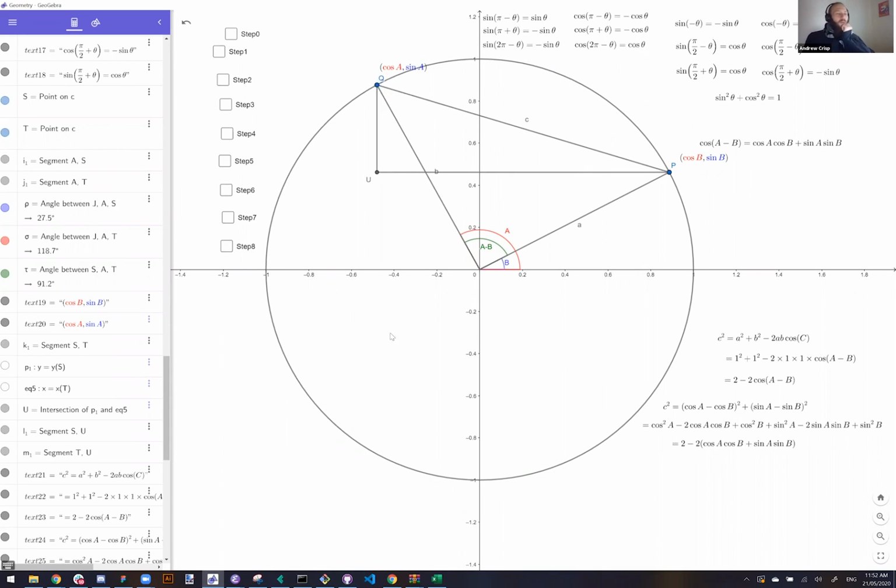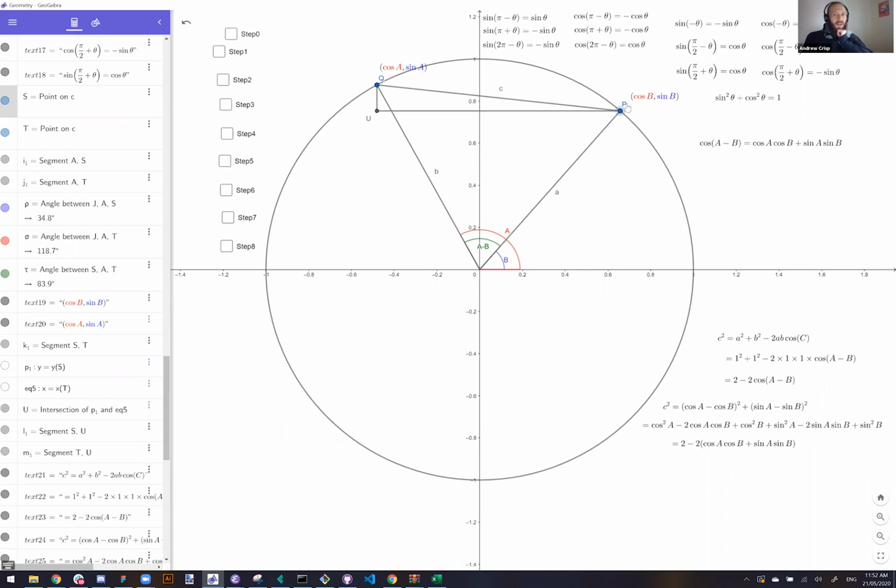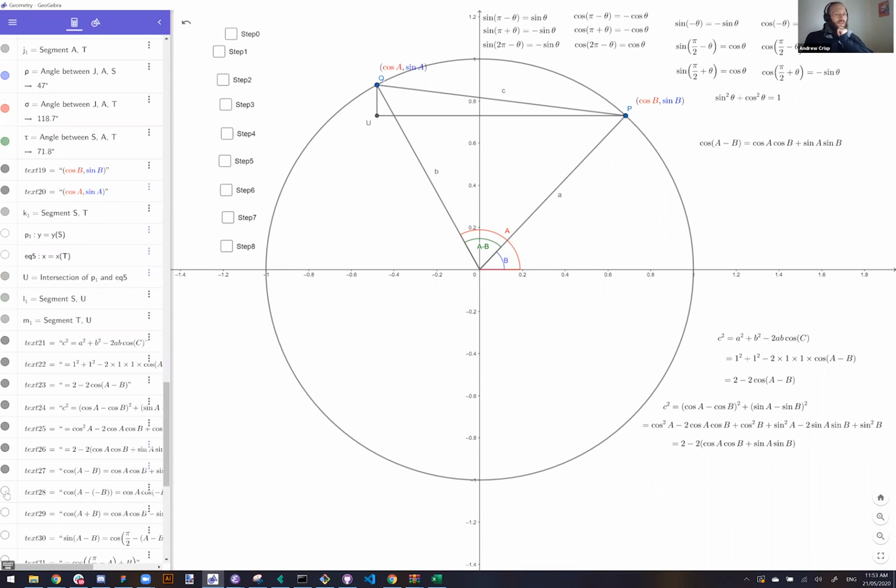So what I'm going to go through next is how to find the other double angle identities. And we're going to be using these to do it. So first of all, what happens if it's cos of A plus B? This is cos of A minus B. Well, we're going to do a little trick. Cos of A minus minus B. Why on earth would we do this?